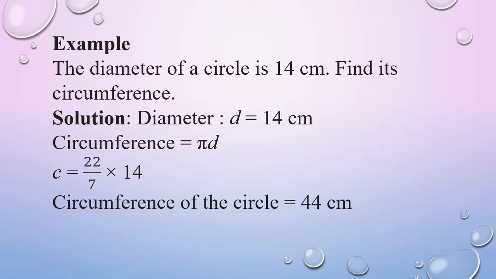So here we are using 22 by 7. So c is equal to 22 by 7 multiplied by 14. So when you cut this, 7 ones are 7, 7 twos are 14, 22 multiplied by 2, you will get 44. So circumference of a circle is equal to 44 centimeter.